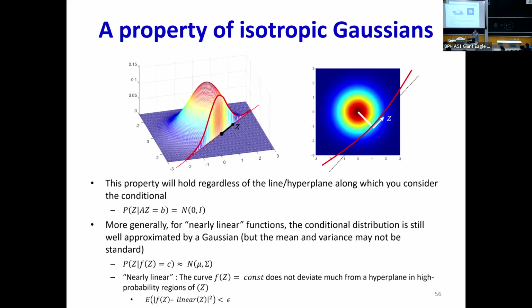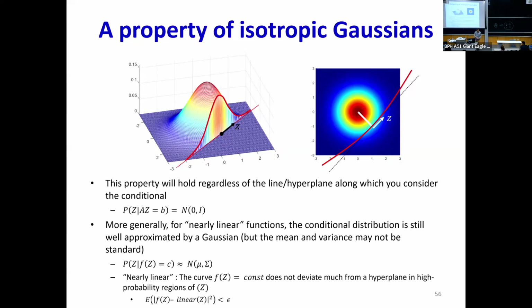It can be well approximated by a Gaussian. So instead of saying P of Z given AZ equals B is a standard Gaussian, if I get P of Z given F of Z equals C, where F of Z is a nonlinear function, so long as F of Z is not wickedly curved, it's perfectly reasonable to approximate that the distribution of Z on this curved surface is also more or less Gaussian.